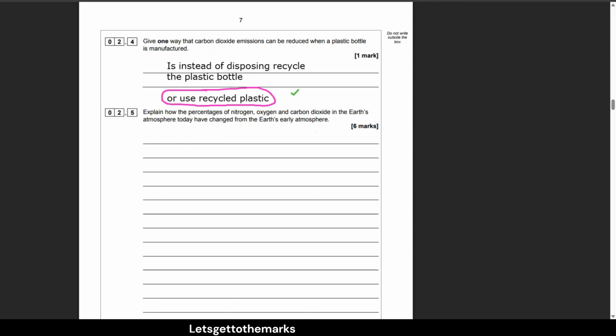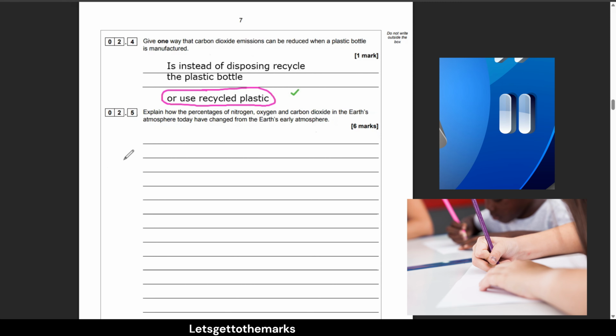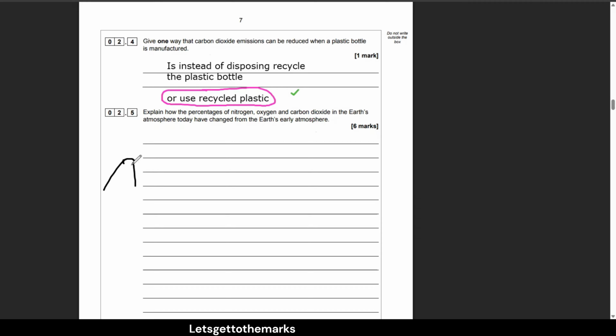So first up, we can look at nitrogen. Nitrogen was released from volcanoes. And also a nitrogen-containing compound called ammonia was released from early volcanoes on the Earth.